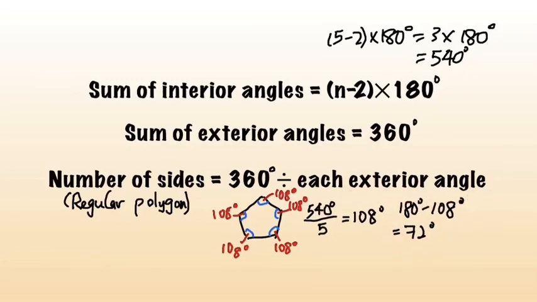So when I want to calculate the number of its sides, I need to take 360 degrees divided by its exterior angle, which is 72 degrees. Then I'll get 5. Which means that the pentagon has a total of 5 sides.